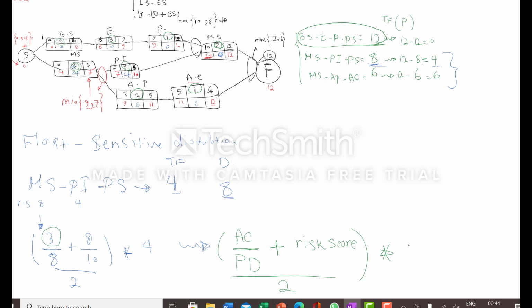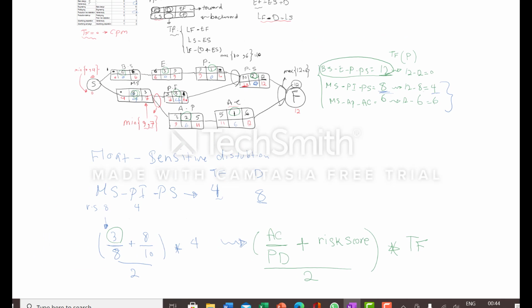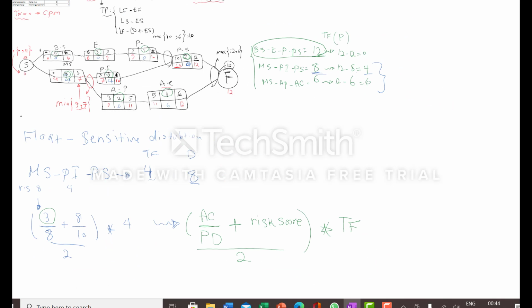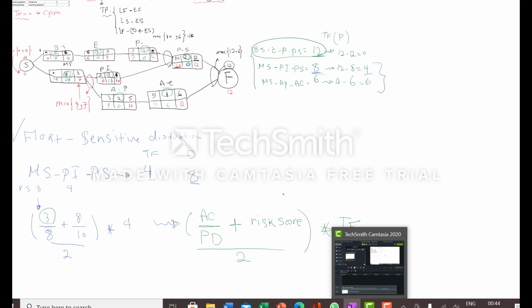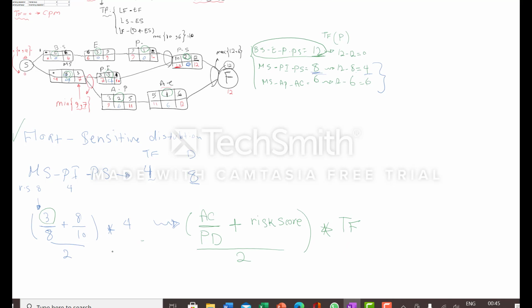This is the formula for float sensitive distribution. It is 2.35.